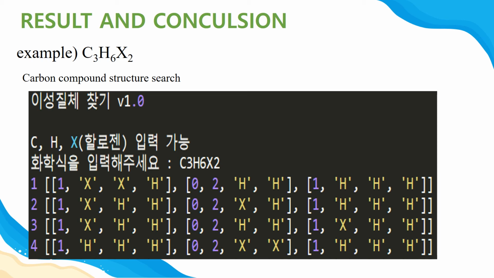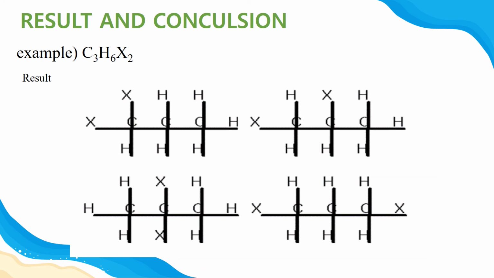The third case is 2 X in C1 and C3. And the last case is 2 X in C2. And when I enter the number, it shows the structure: first case, second case, third case, and last case.